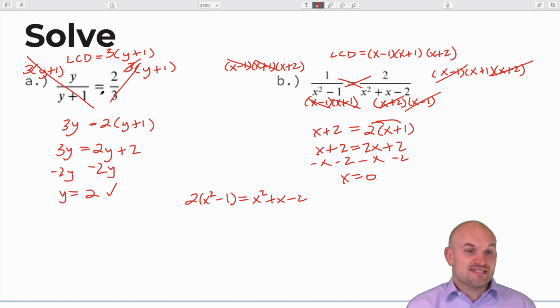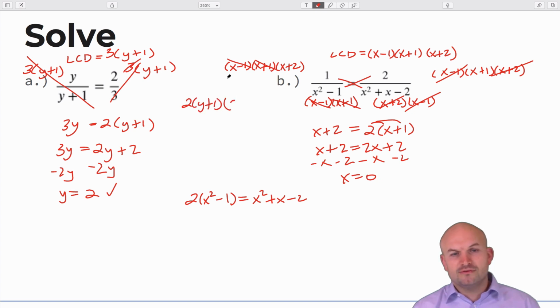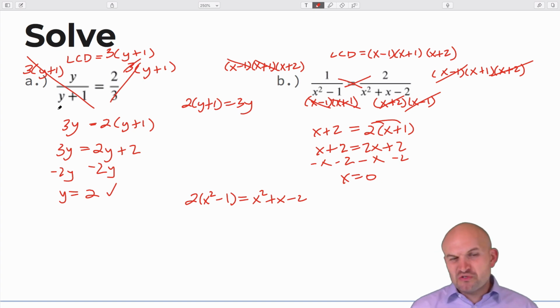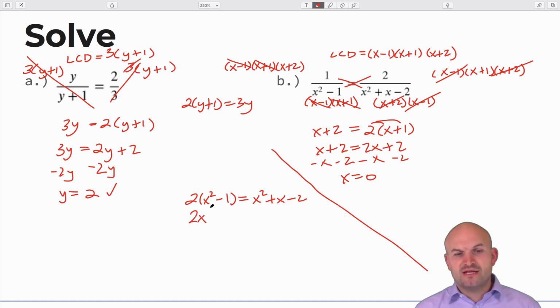Sometimes the cross product is easier, like over here, where if you applied the cross product, you would get 2 times y plus 1 equals 3y, which is exactly the same process that we just had. Obviously, I showed a lot of work because I'm teaching, but you could do this exact same thing multiplying by the LCDs and not show as much work. But it's important for us to see the difference here, at least in this problem, as far as what happens when we find the cross product.